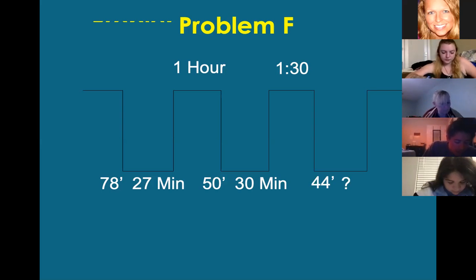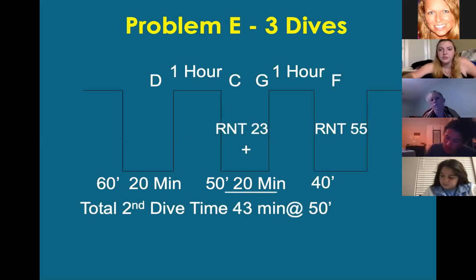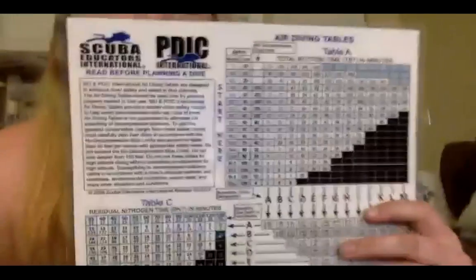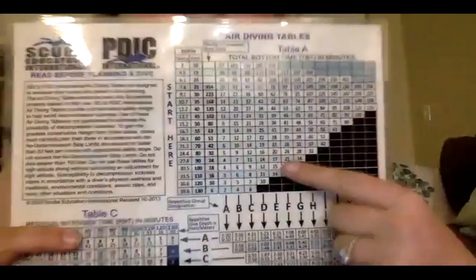Okay, so Maureen, stop screen sharing. Grab your dive table and work through this problem slowly with everyone. Okay, so on your dive tables, we're going to be looking at the top first.